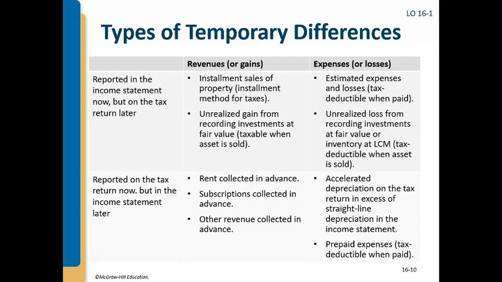But for tax purposes, warranty expense can't be recognized until it's actually paid sometime later in some future tax period. So you're going to get a benefit from the tax expense in a later tax period than you would for financial accounting purposes.